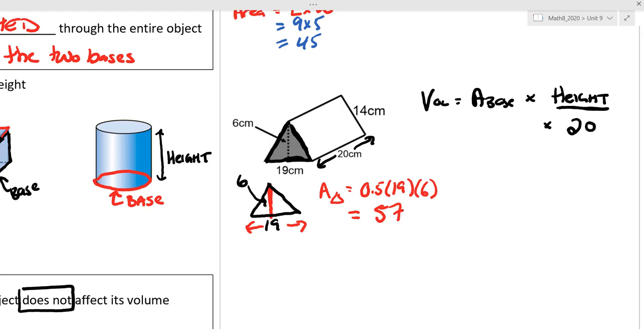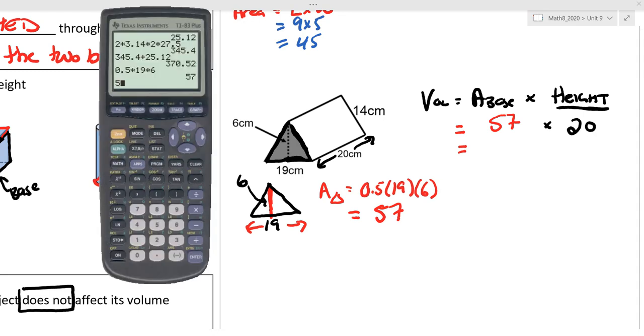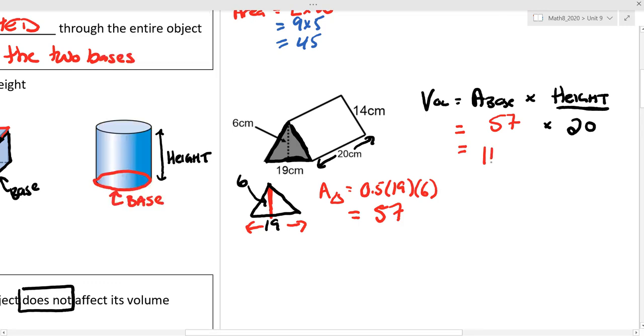And we take this 57 and plug it into our volume equation. So 57 times 20 is our volume. 57 times 20 is 1,140 centimeters cubed.